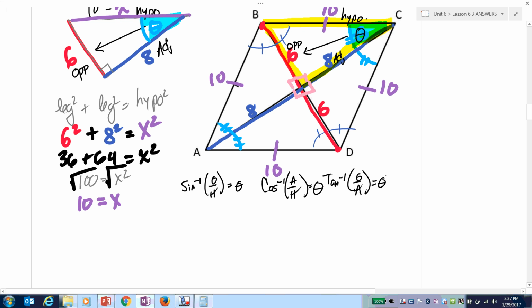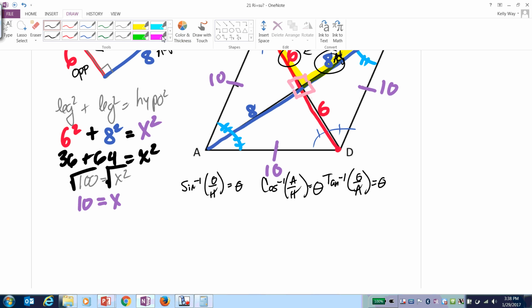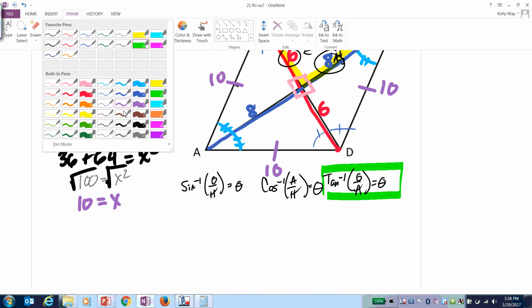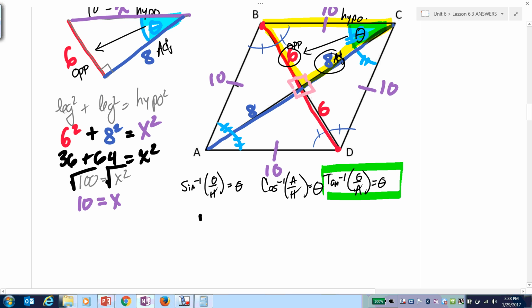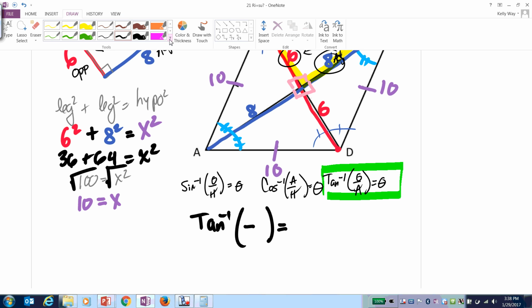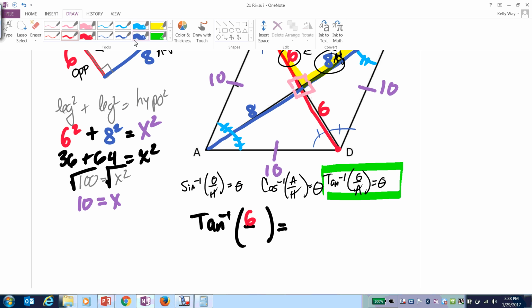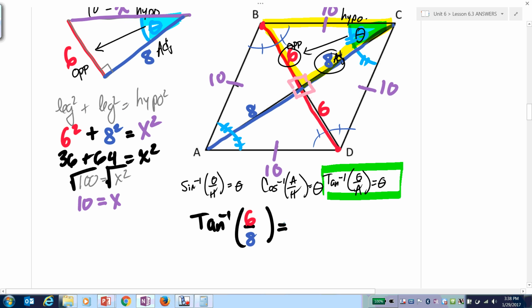This time, I'm just going to work with the original two numbers, the 6 and the 8, which would be opposite and adjacent. So that's OA. I'm going to use tangent. So my opposite of that angle there was a 6, and my adjacent is an 8.